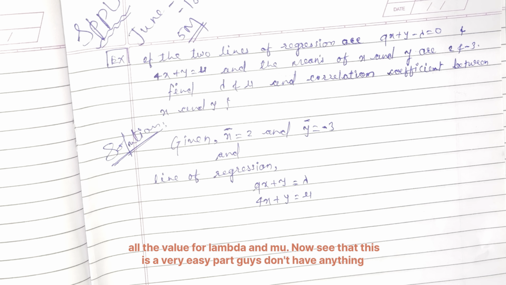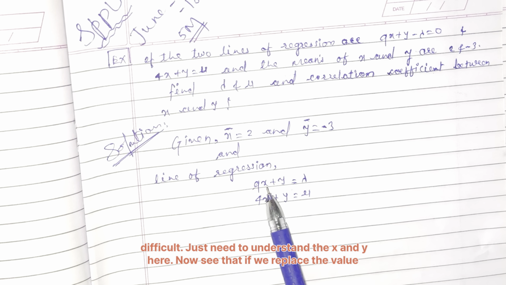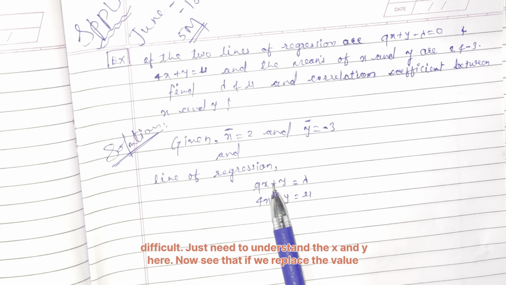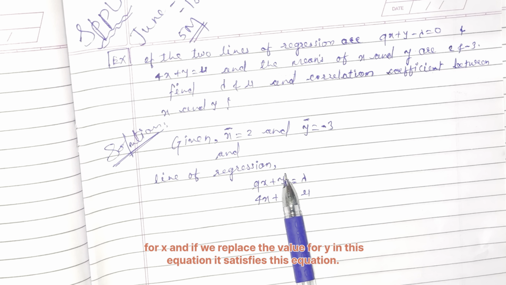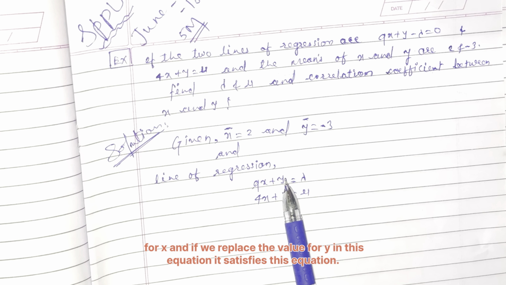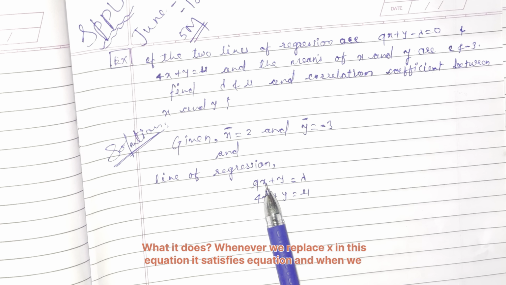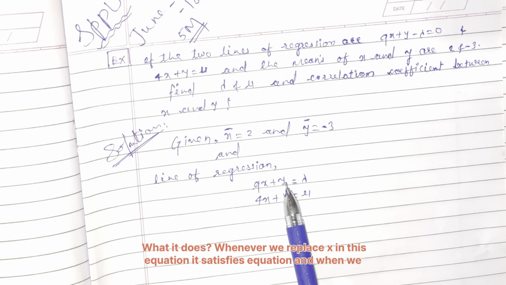Using these two lines, we first have to find the values of lambda and mu. This is the very easy part, nothing difficult, we just need to understand what x and y do here. If we replace the values of x and y in this equation, it satisfies the equation.